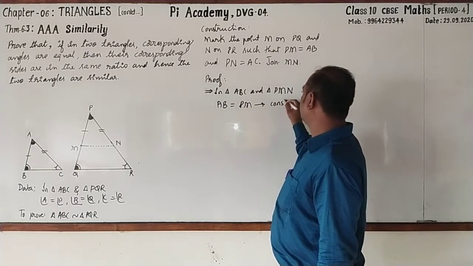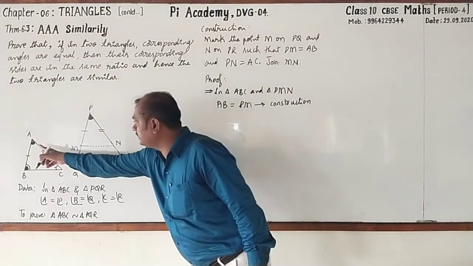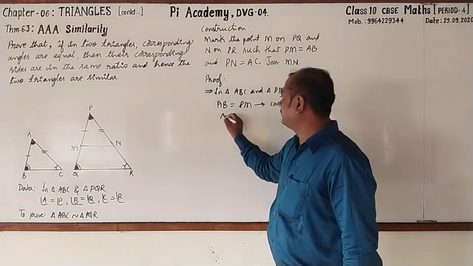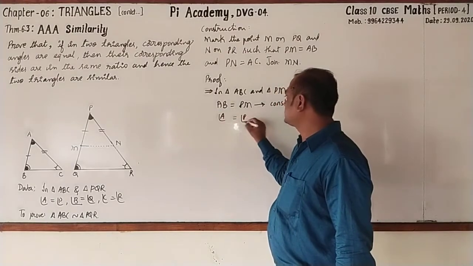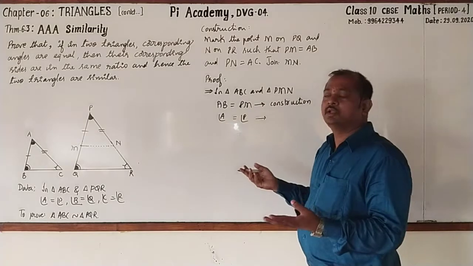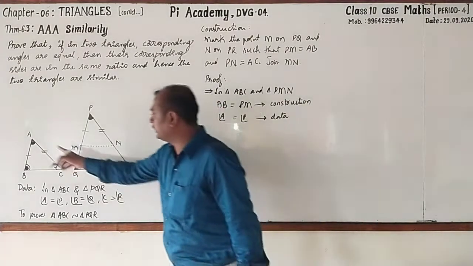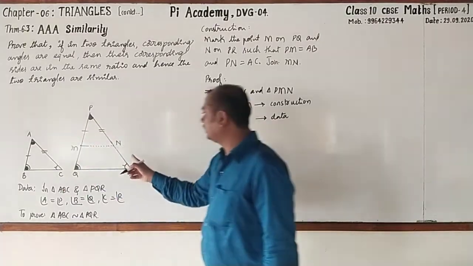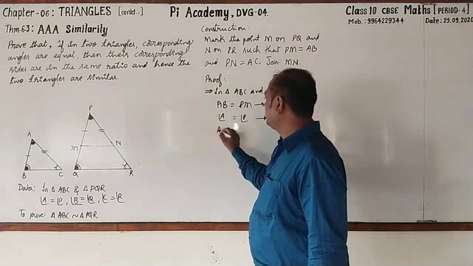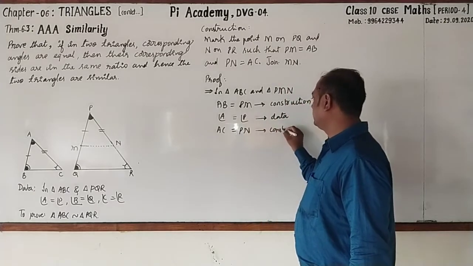Here I'll write construction. Next, angle A equal to angle P. What is the reason? It has been written in the data. In the statement only they have given. It is from data. Third one, AC equal to PN, and the reason is again construction.